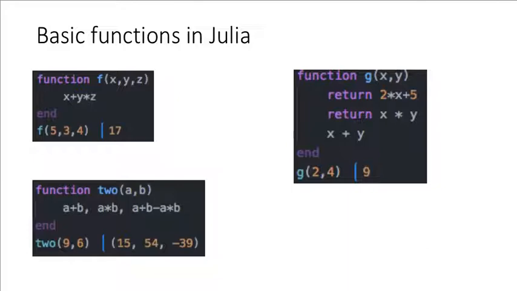If there was no return in front of that, then the x times y would be returned, and if there was no return in front of that, then all three would be returned. For this one we have x is 2, y is 4, gives us 9, which is that first formula.